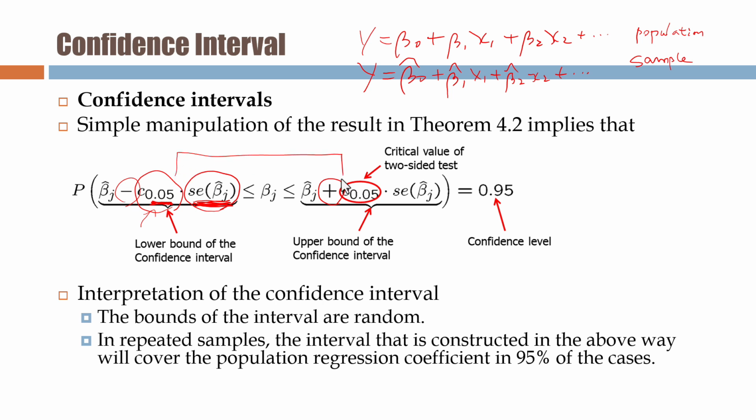This means the probability that the real beta j falls in between is like 95%, our confidence level. So how can I calculate it? Actually, you don't have to.